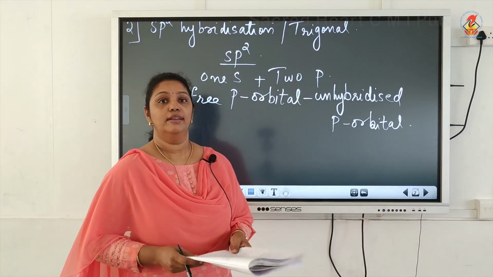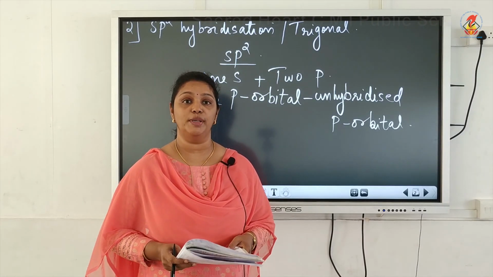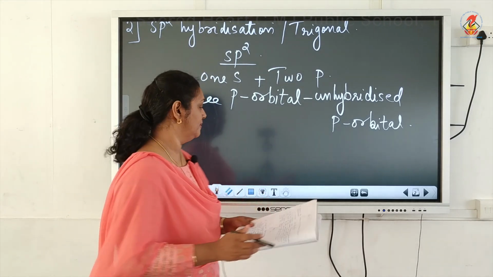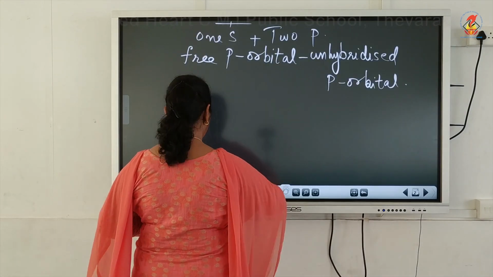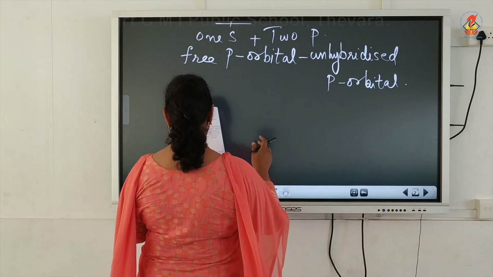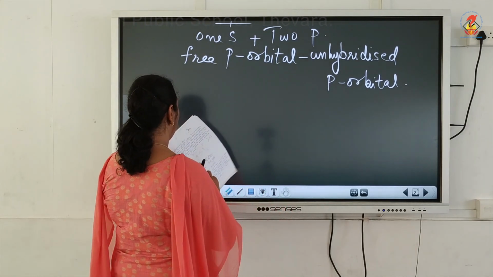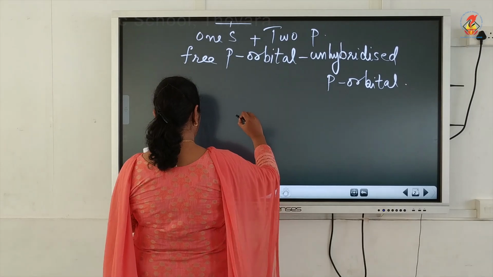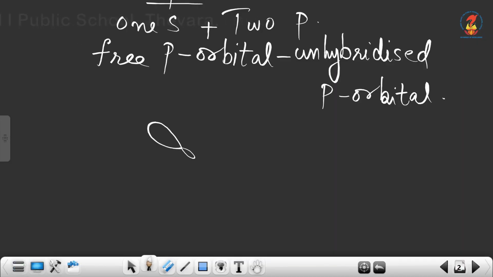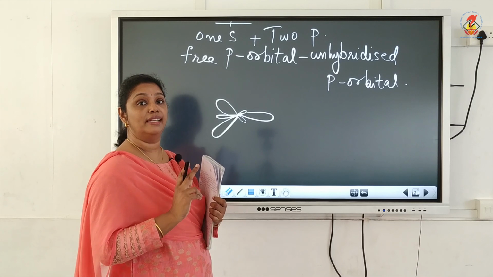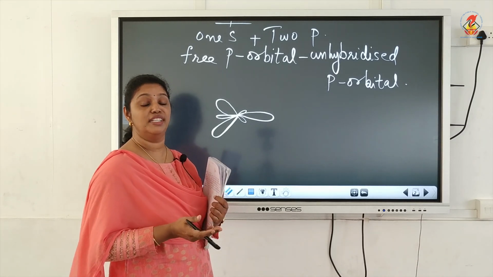And let's see the shape of sp2 hybrid orbitals. The shape is trigonal planar, and when we draw the shape, this is the sp2 hybrid orbital. Now we have one p orbital that is unhybridized and it is left in its free state.